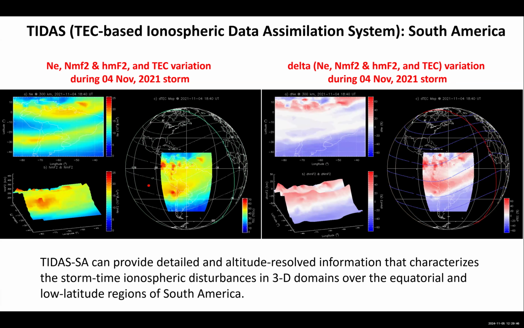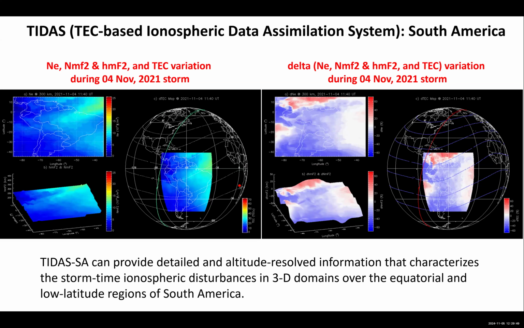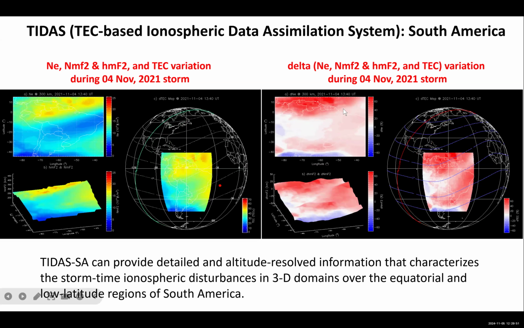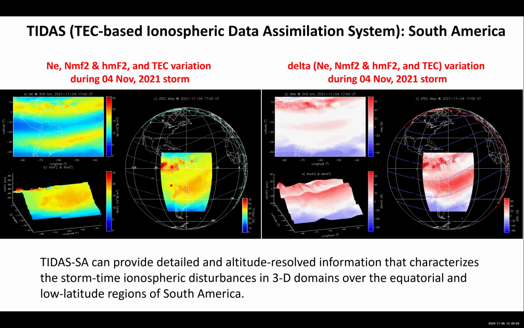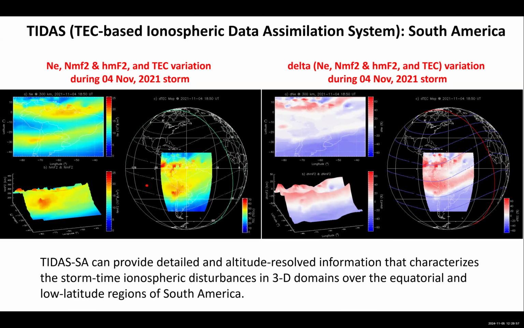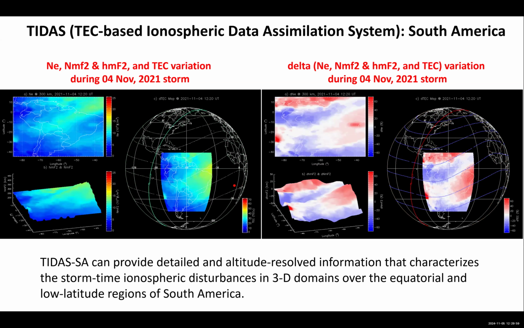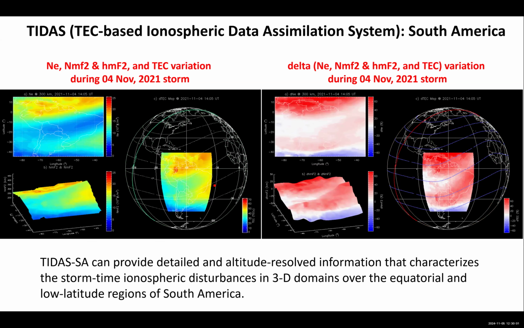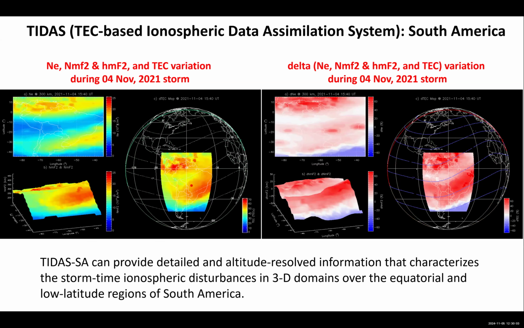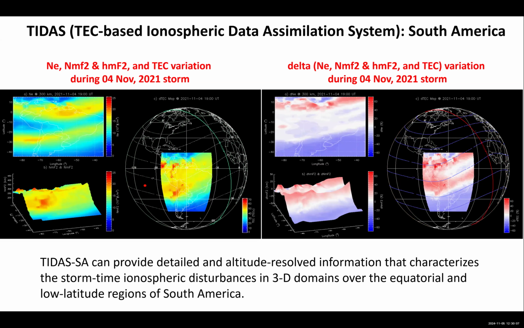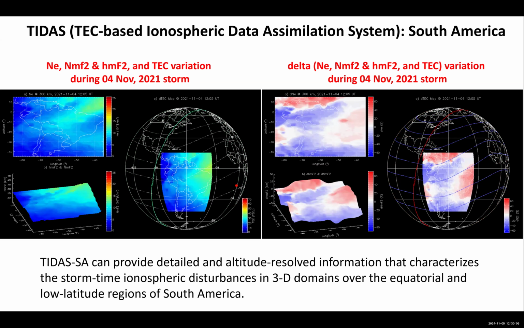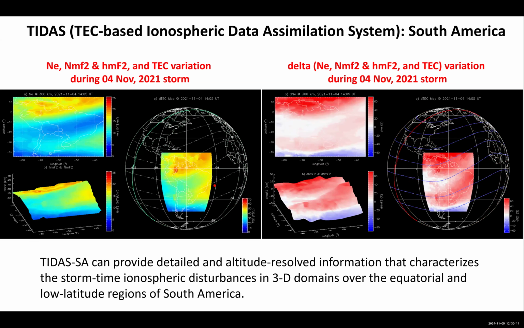So this positive ionospheric storm may be related to the composition effect, where we know that the O/N2 ratio is decreased in the higher latitudes due to atmosphere upwelling, but is increased in the equatorial and low latitude regions due to atmosphere downwelling.